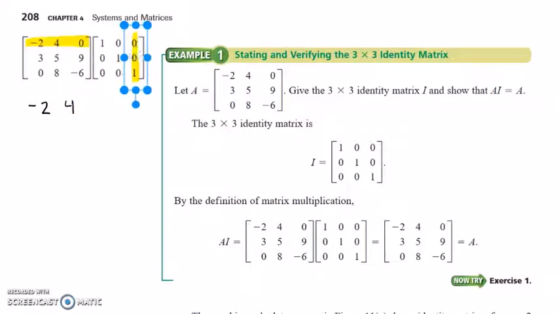Element 1, 3, negative 2 times 0 plus 4 times 0 plus 1 times 0. Element 2, 1, 3 times 1 plus 5 times 0 plus 9 times 0. Element 2, 2, 3 times 0 plus 5 times 1 plus 9 times 0. Element 2, 3, 3 times 0 plus 5 times 0 plus 9 times 1.